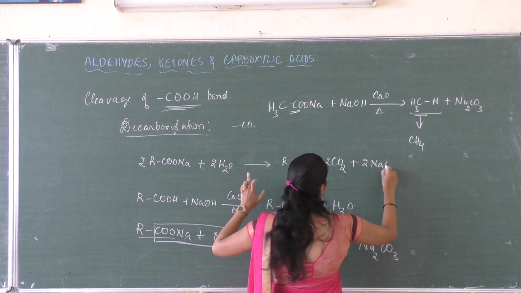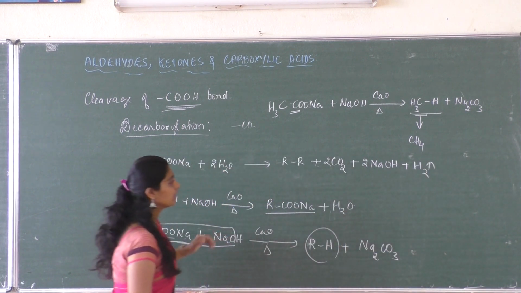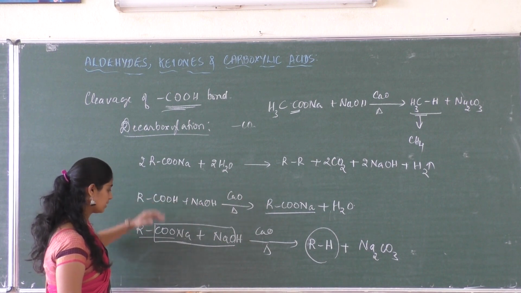Sodium will be obtained as sodium hydroxide, and hydrogen gas is liberated. So this reaction is nothing but Kolbe electrolysis.